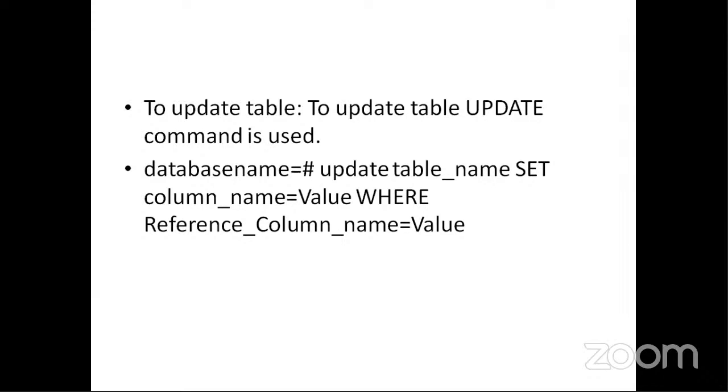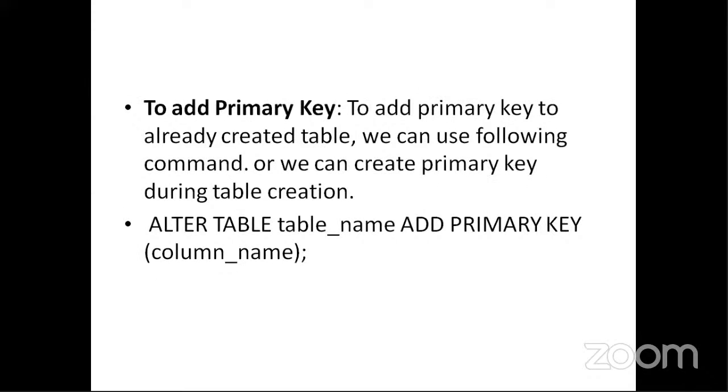Set column name: when we have to change the roll number, we use the column name roll number. Then roll number equals value, where the reference column name is student name. We have used two columns, one is roll number and the second column is student name. So where student name is Sachin.